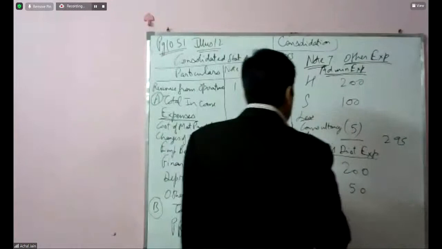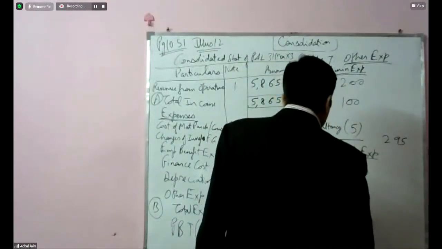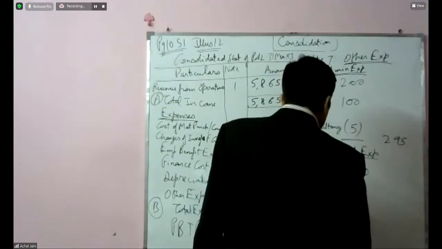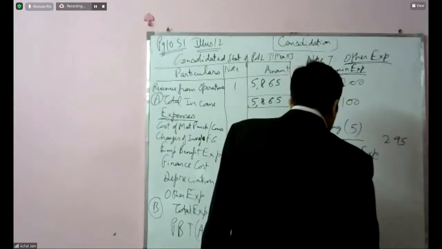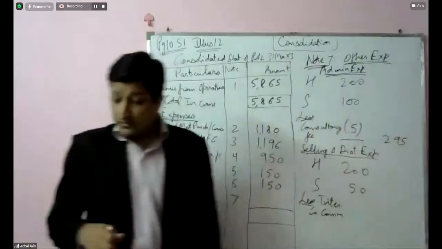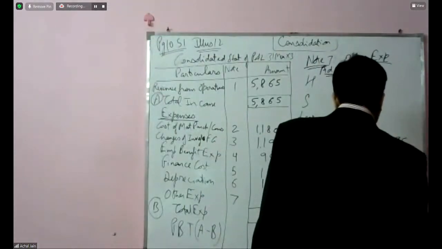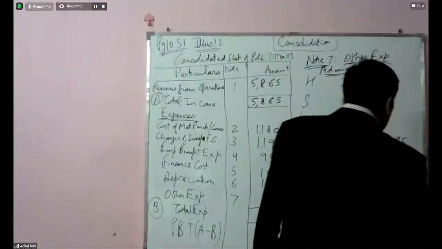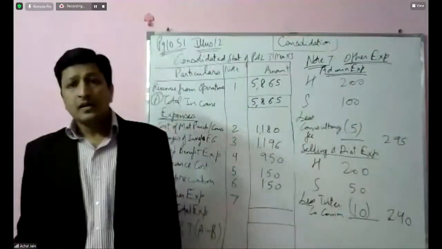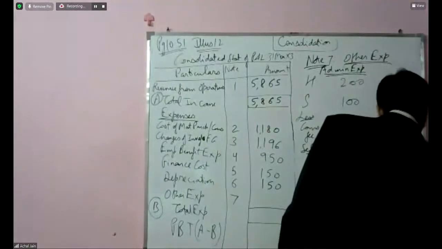So we can say less intercompany commission. Commission which is between the group companies. So this is 240. All in all, what do we get? 535.